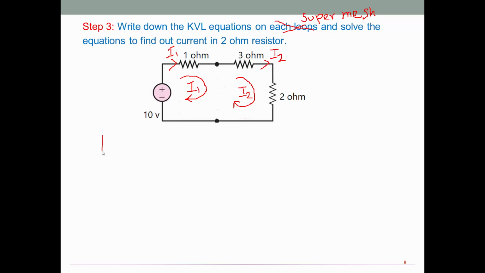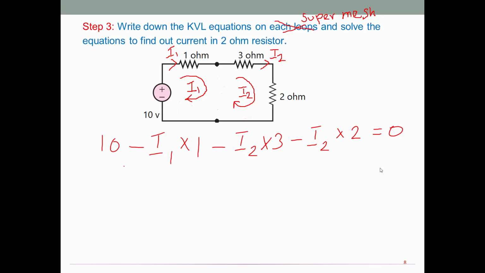Loop current leaving the plus of the 10 volt source, so plus 10 minus I1 into 1 minus I2 into 3 minus I2 into 2. I have applied the sign convention here. If you have any confusion, go to the previous lecture on my channel and check out the sign convention for finding the KVL equation.